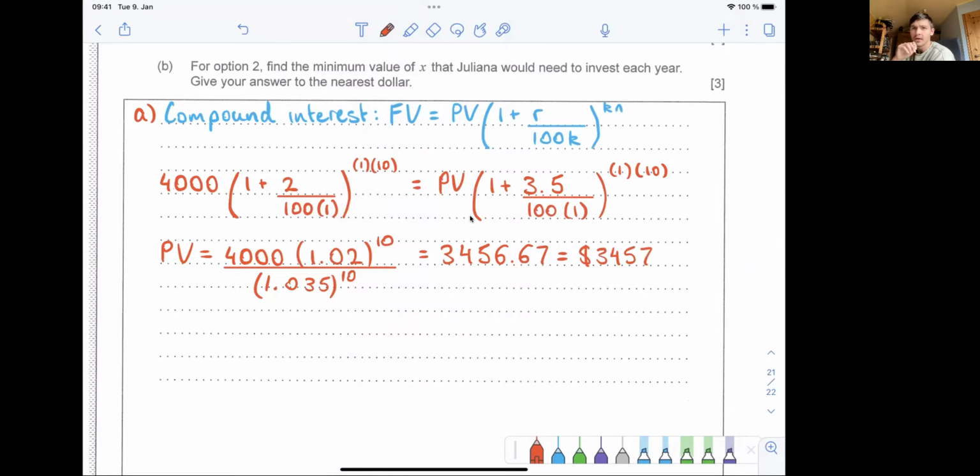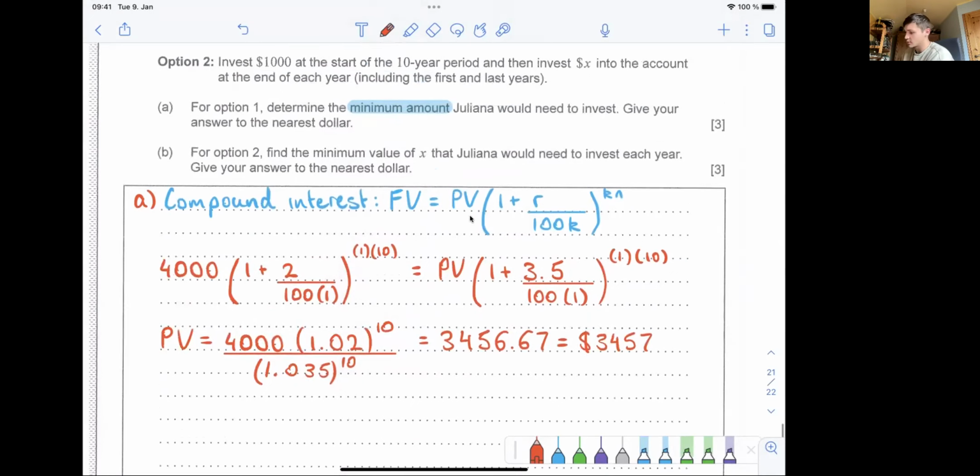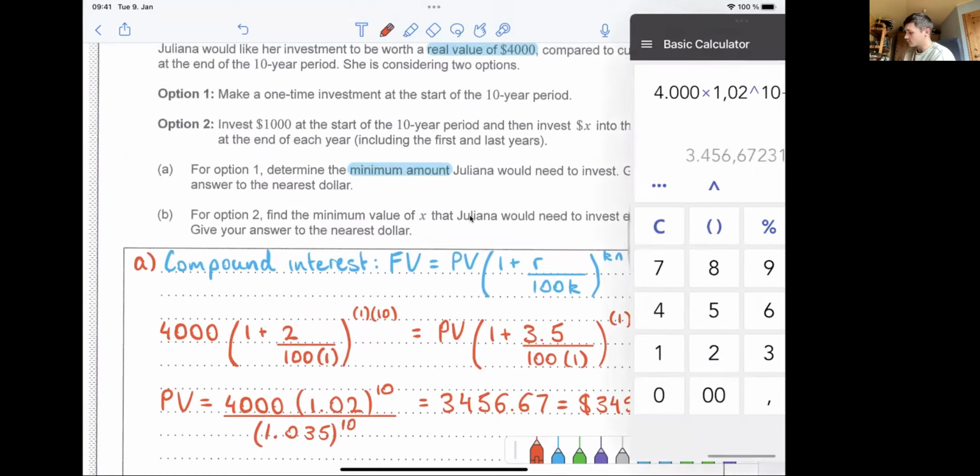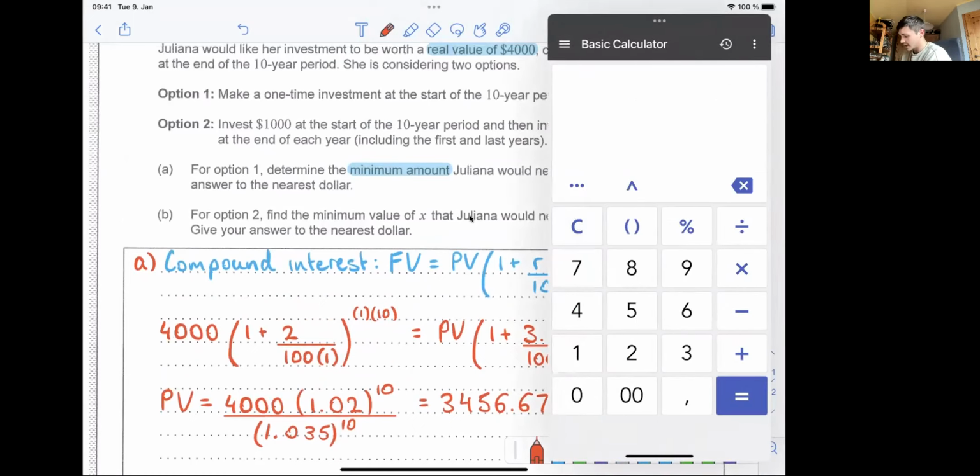Okay. Now, quickly before I move on, I've noticed that an alternative way to calculate this, which is accepted in the mark scheme, though is technically slightly wrong, is if you just take the difference between the inflation rates, which would be 3.5 subtract 2, which would give us 1.5. Now, if we do that in our calculation here, and we go 4,000 divided by 1.015 to the power of 10, you'll see that gives us $3,446.